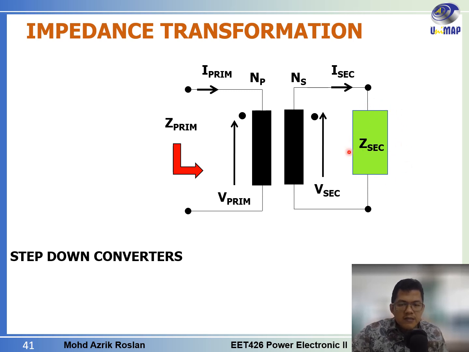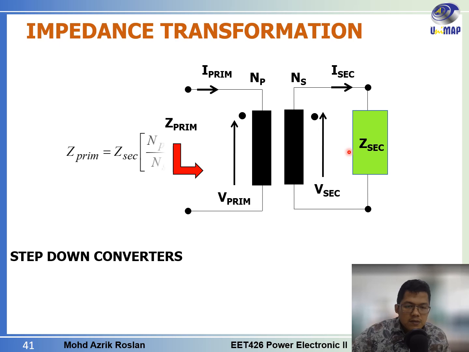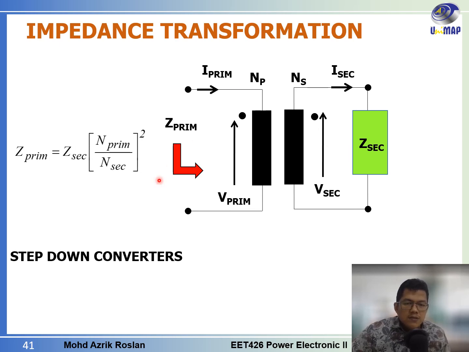The equation is Z primary equals Z secondary multiplied by N primary over N secondary squared.